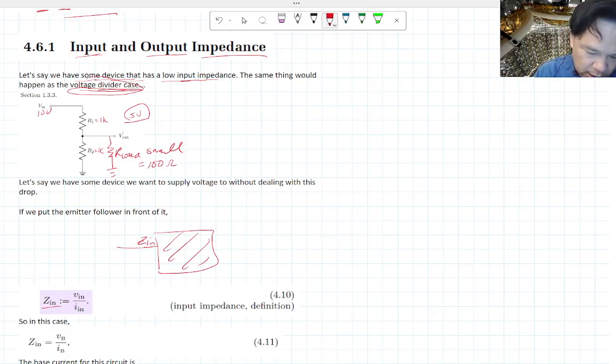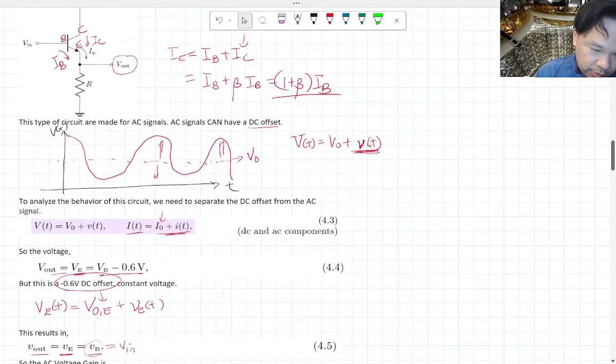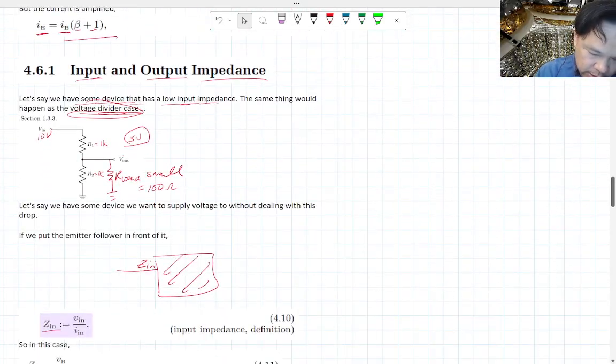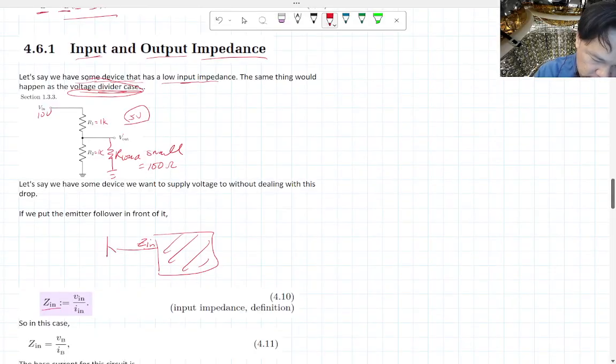If we put a common emitter follower in front of it, make sure I put the resistor in the right place. Let's just draw this line so it's going to the right place.